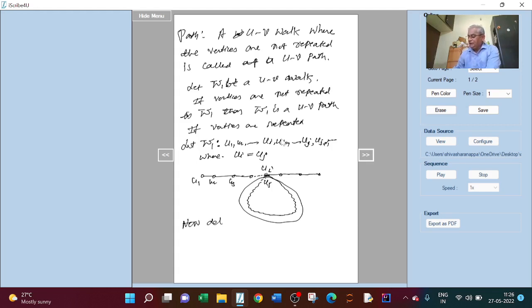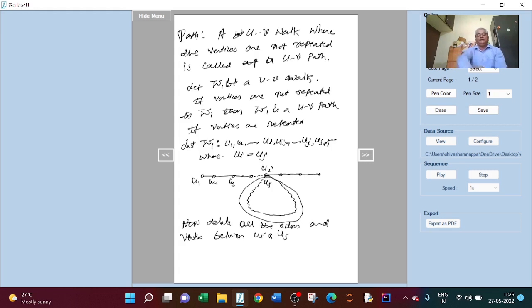So delete all the edges and vertices between UI and UJ.